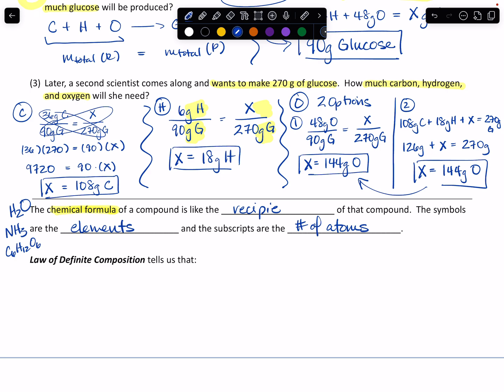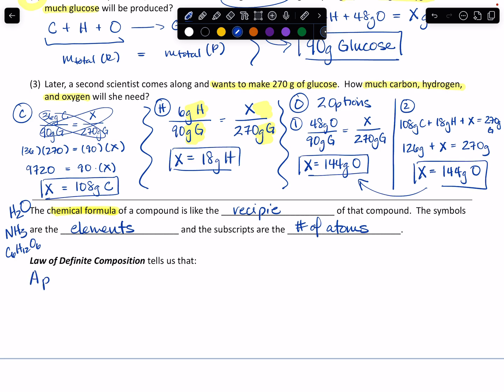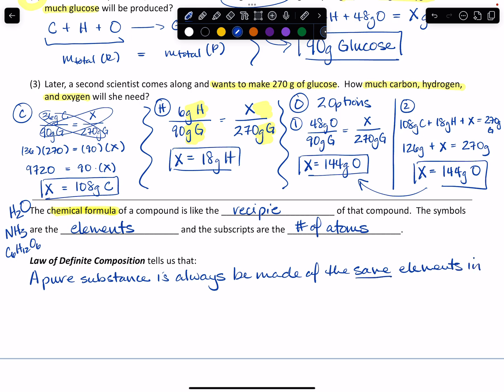All right. The law of definite composition tells us that a pure substance will always be made of the same elements in the same amounts.